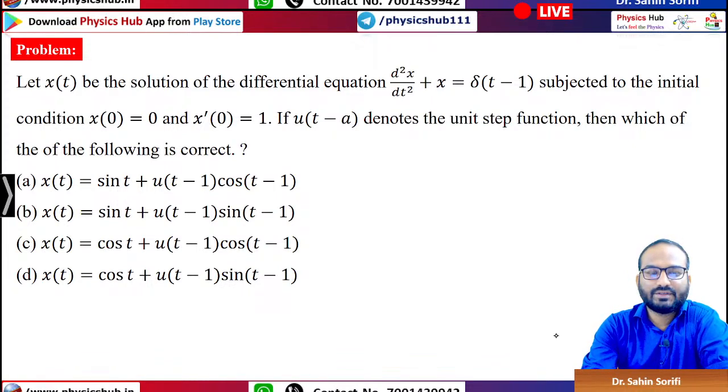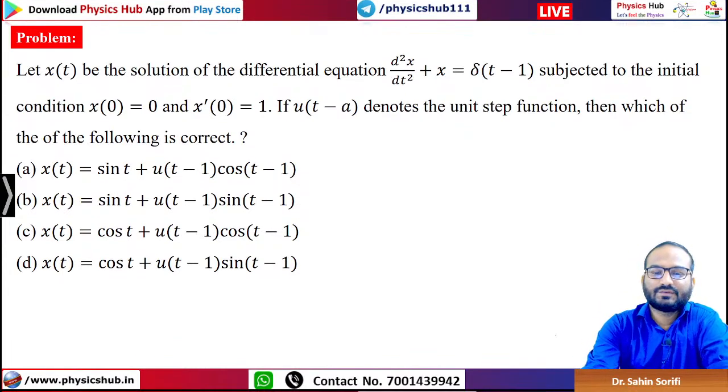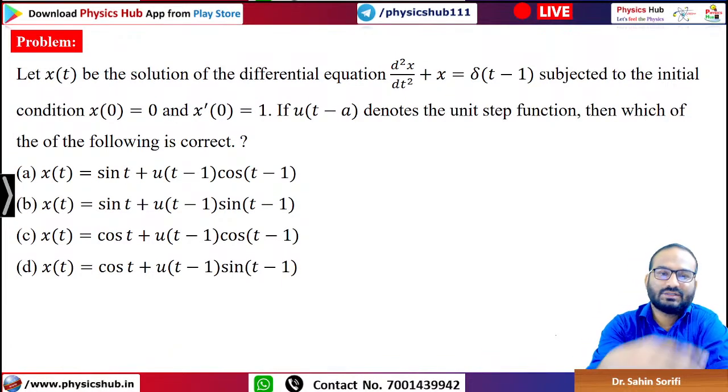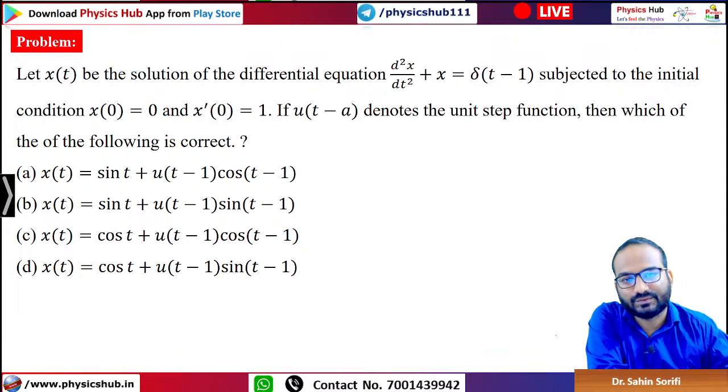Let x of t be the solution of the differential equation given by this, subjected to the initial conditions x at t equals 0 equals 0 and x prime at t equals 0 equals 1.